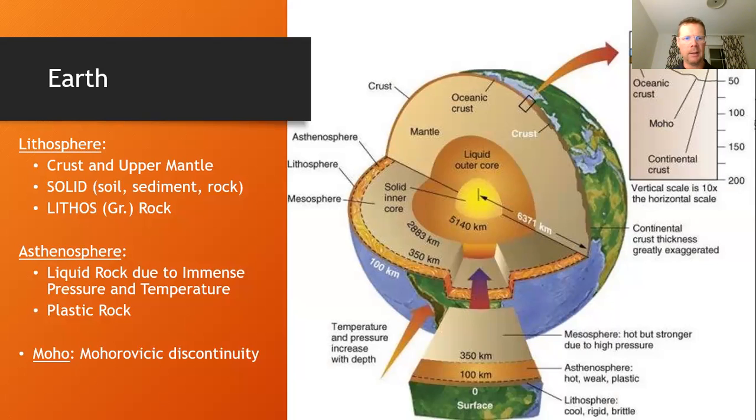Also notice a word here called the MOHO, the Mohorovicic discontinuity, and that discontinuity exists between our lithosphere and asthenosphere. That's where the MOHO, or the Mohorovicic discontinuity exists.